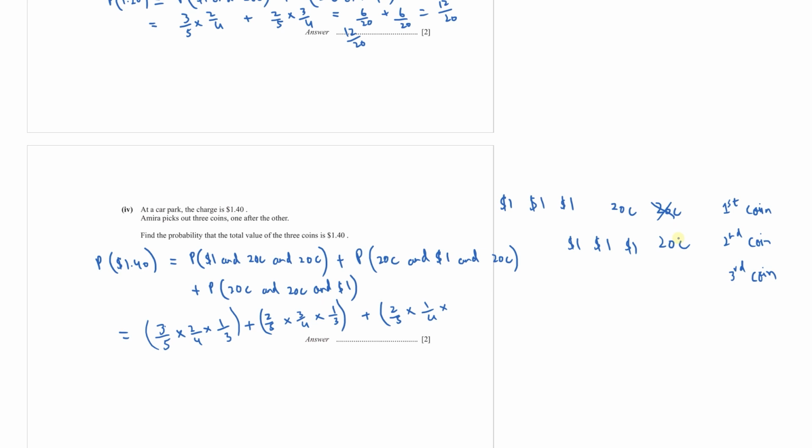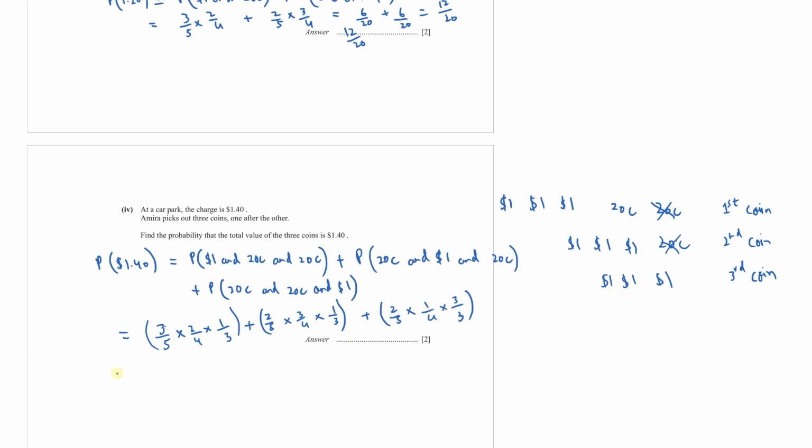So you picked. So you're left with $1, $1, and $1. So now what is the probability of getting a $1 coin in the third try? You have all $1 coins, so this will be 3 over 3, which is also 1, because it's actually true that in the third try you will get a $1 coin with probability 1 because you're only left with $1 coins.